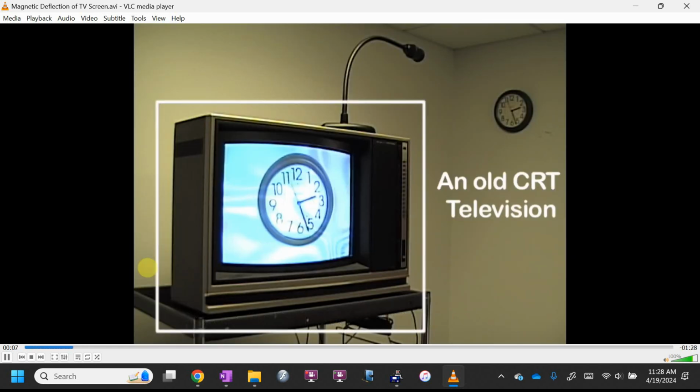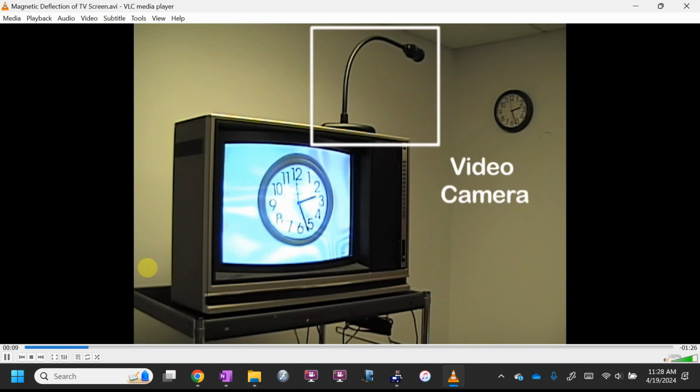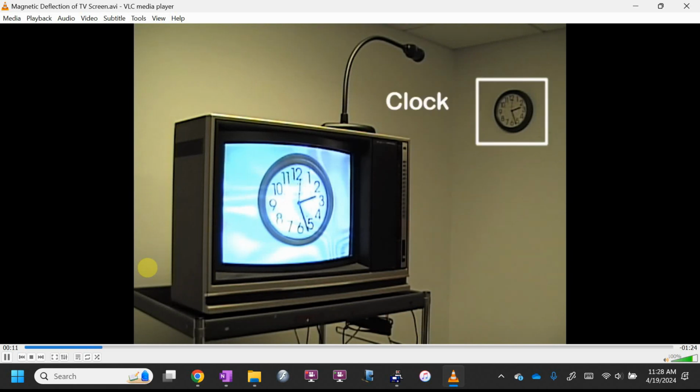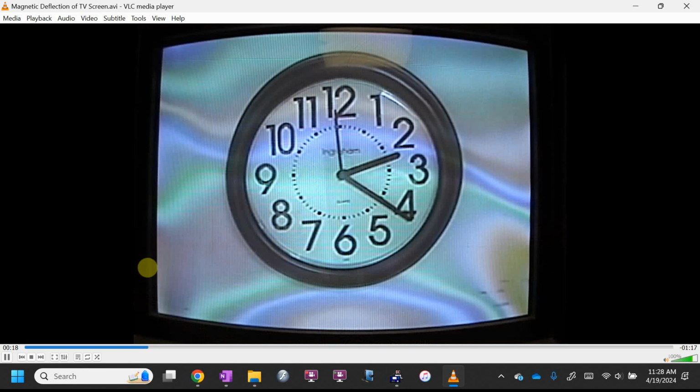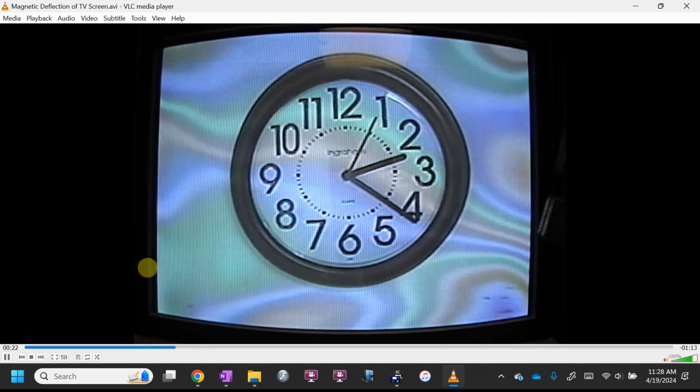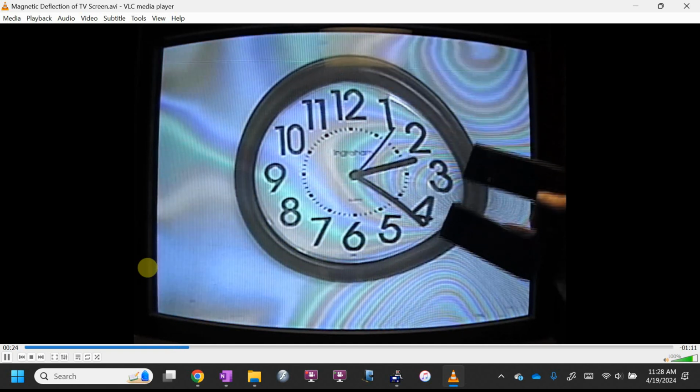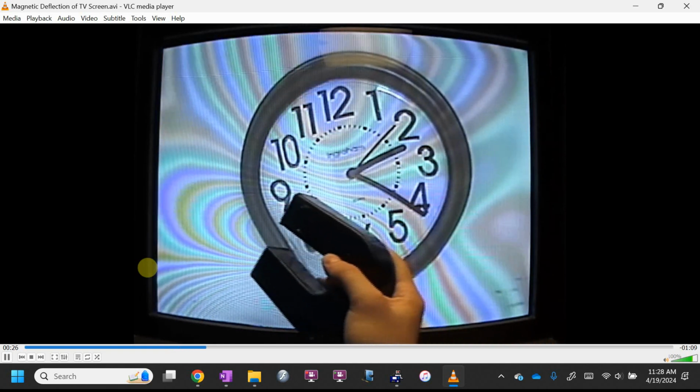Here's an old style cathode ray tube. These are the ones that had the big thing that stuck out of the back. Very simple technology, not the same as flat screen. Watch. We're deflecting the electrons.